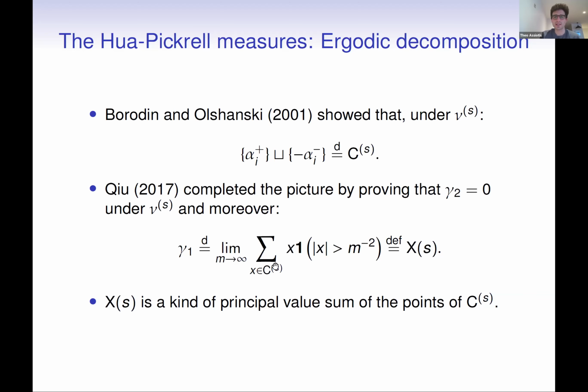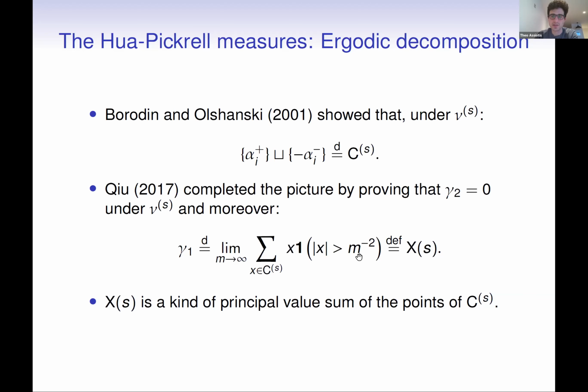Moreover, gamma 1 is basically the principal value sum of the points of this random point process. You cut off the points that are too close to 0, you take the sum, and then you remove this cutoff. If you didn't have this, then this diverges.